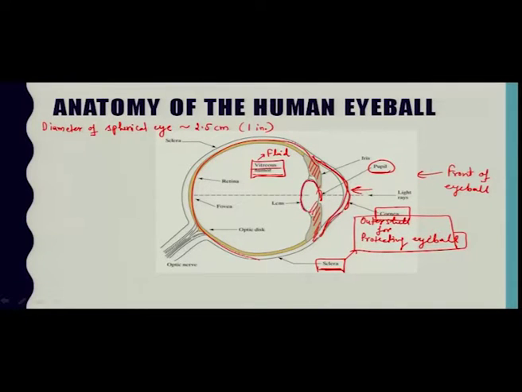This is the lens, and the pupil dilates in low light and constricts in bright light. Light passes through the lens, which adjusts its shape to focus the image on the retina. So this portion is known as retina, and this retina is at the back surface of the eyeball.